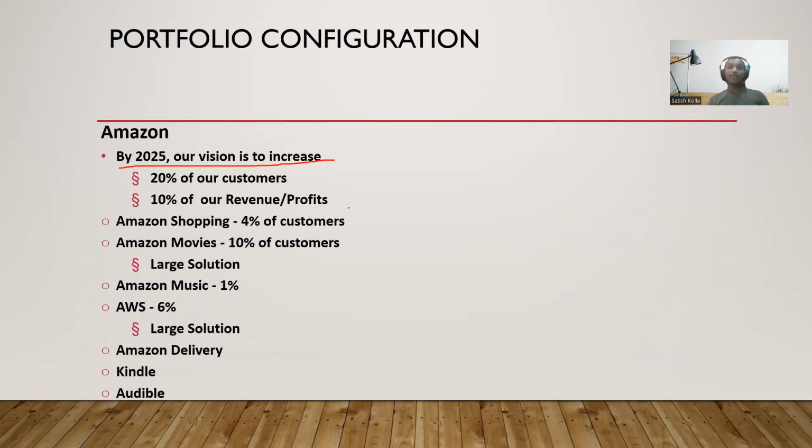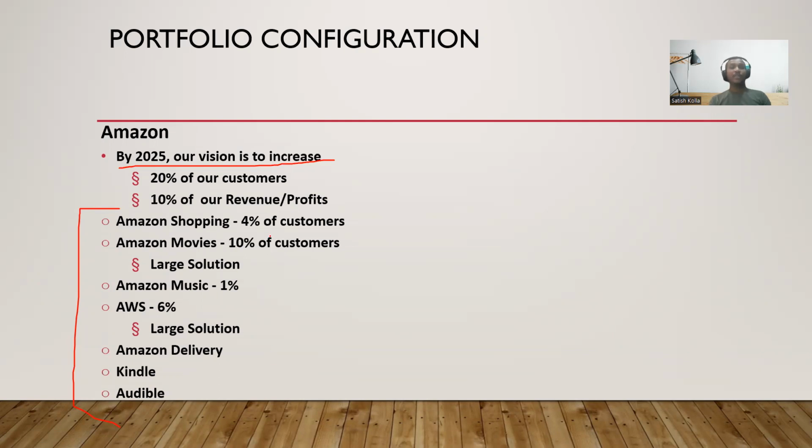Whereas if Amazon is taking similar guidelines, they could be saying that, hey, when we say the 20% customer increase or 10% of the revenue, they have multiple solutions, right? So starting from Amazon Shopping, Amazon Movies, Music, AWS, Amazon Delivery, Kindle, Audible, there are different solutions which Amazon as an organization is handling.